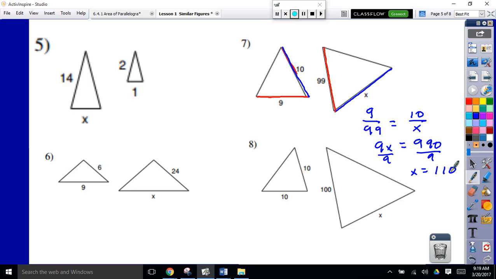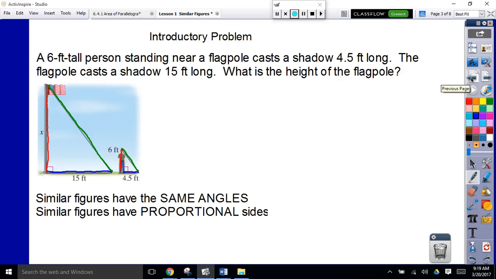Okay, now I'm going to have you go back to our first slide. I want to take a look at this problem because now we can solve this. We have two similar triangles. The problem's all set up for us, so we can actually solve this.